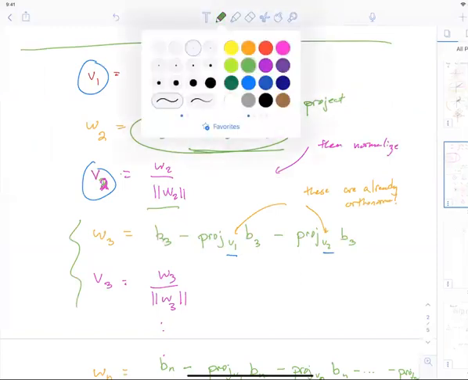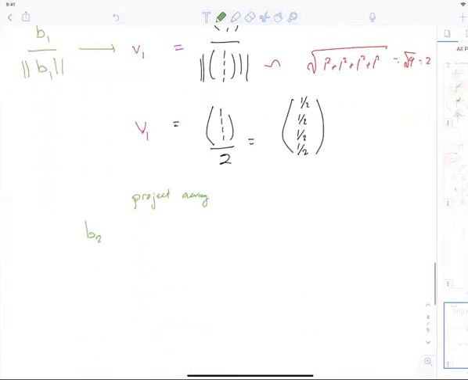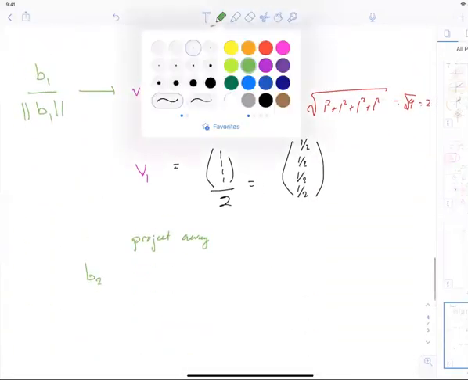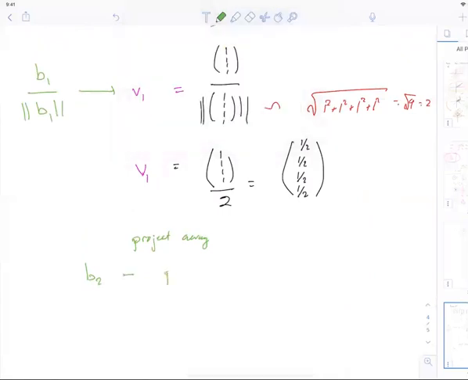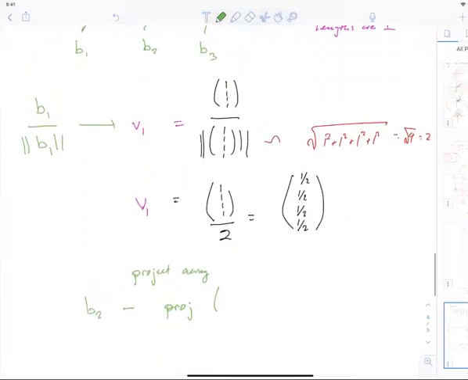Project away means we're going to subtract off the projection of B2 onto V1.